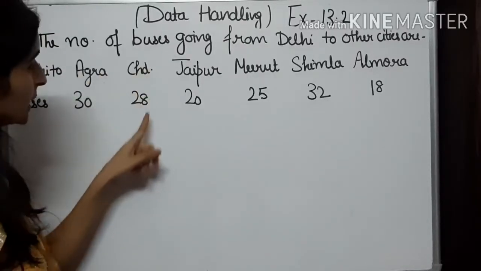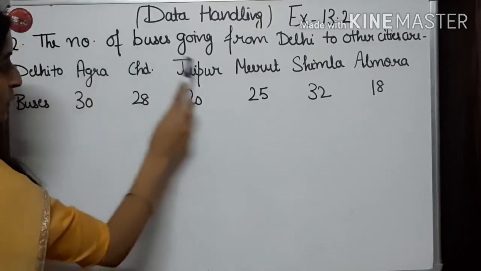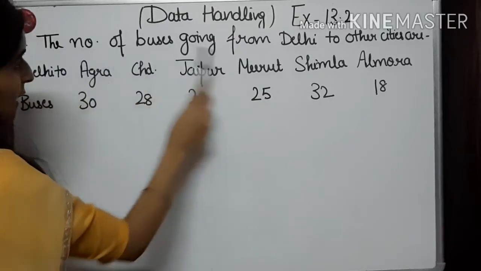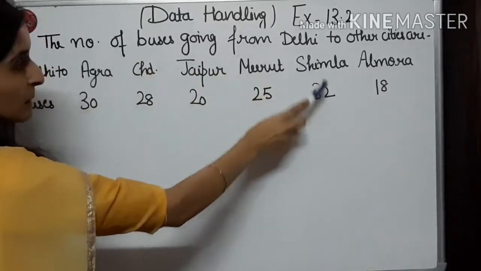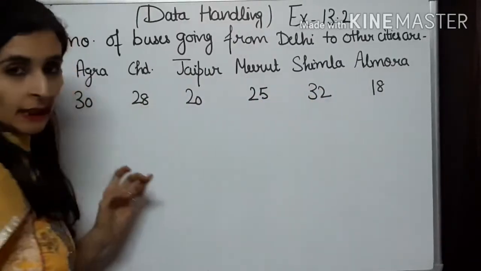From Delhi to Chandigarh it is 28. From Delhi to Jaipur it is 20. From Delhi to Meerut it is 25. Likewise, Delhi to Shimla is 32 and Delhi to Almora is 18.